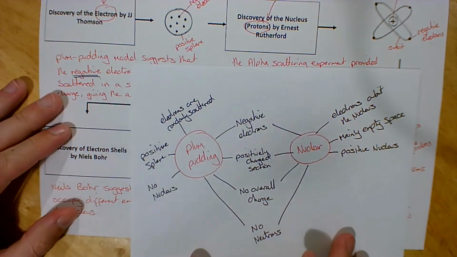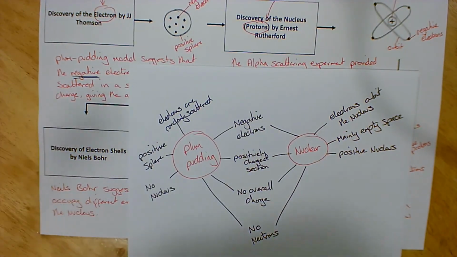Now, if you are asked to compare the two models, then a double bubble map is an excellent way to construct your answer. And you could very quickly say the plum pudding model and the nuclear model both contain negative electrons. They both contain something that is positively charged. Overall, they have no charge, and neither of them contain any neutrons.